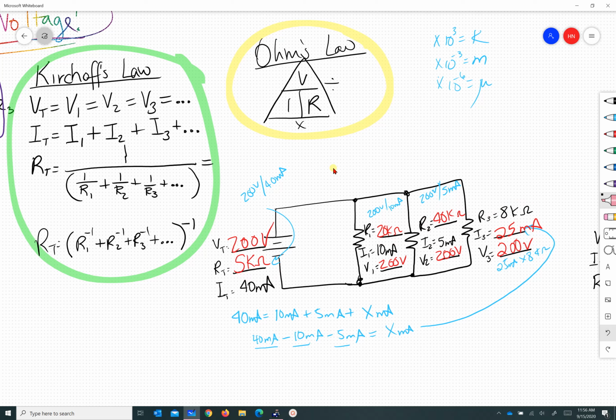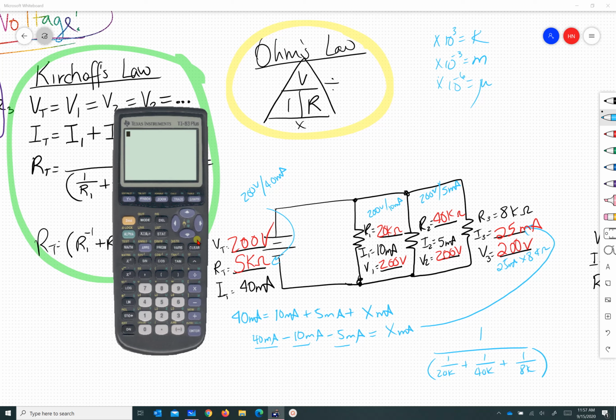But let's verify that we did it right by plugging it into our formula. It's going to be the inverse of 1 over 20K plus 1 over 40K plus 1 over 8K. Or you can type it the other way in the calculator.